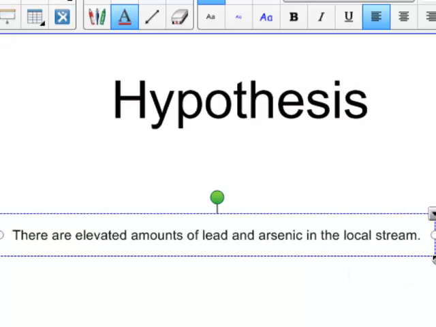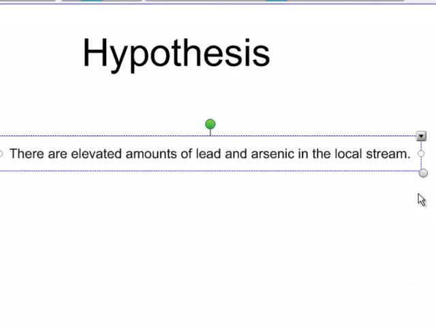Okay, that's a hypothesis. But remember, I have to have a reason to make the hypothesis. My preliminary research must have said, for example, that at one point upstream from where I'm going to take the samples, there was a factory that worked with lead and arsenic, and they might have contaminated the river. I have to have some reason for saying that hypothesis.